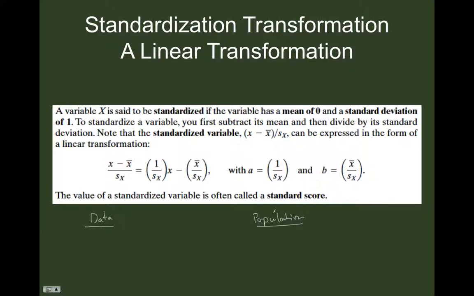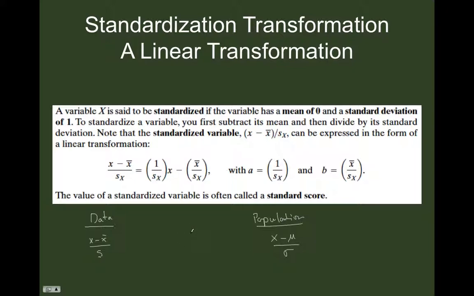There's a little button on this stylus pen I'm using, and when I accidentally touch it, it advances the slide. In any case, when we're dealing with data, we use the sample mean and the sample standard deviation. When we have population parameters, like in the previous case, I can use mu and sigma. Notice the form of the transformation is the same in either case.